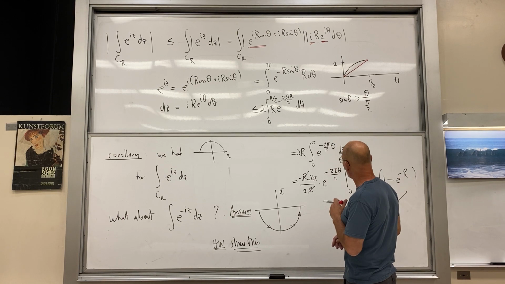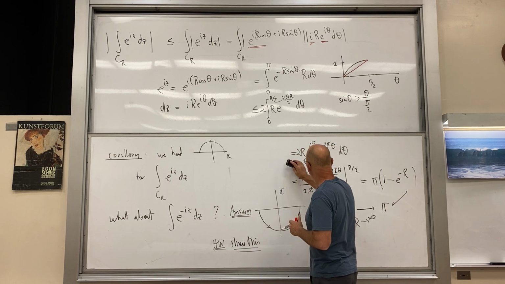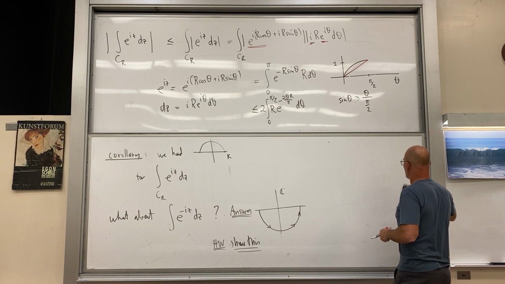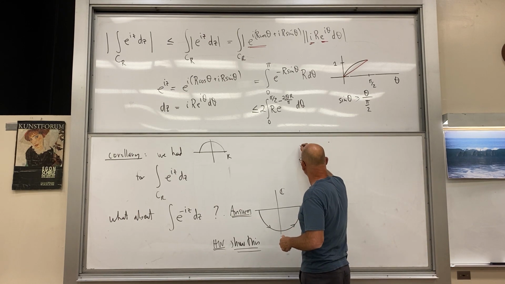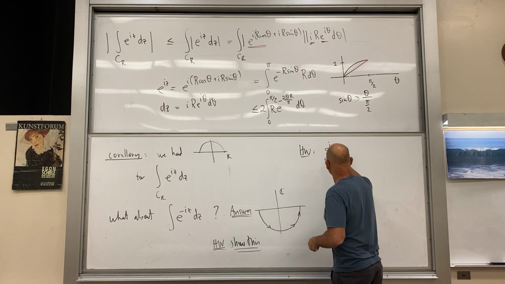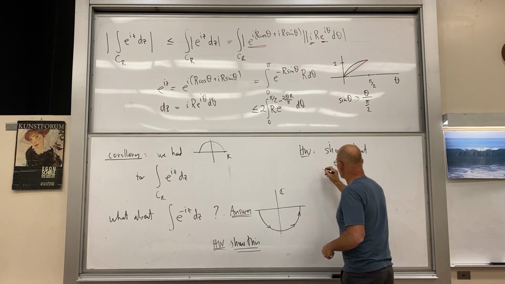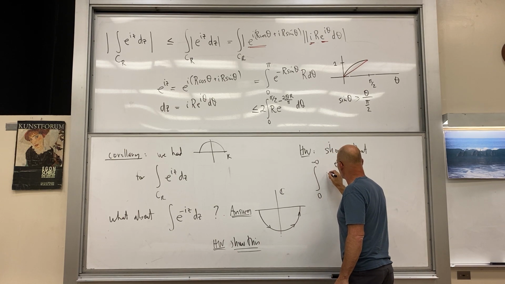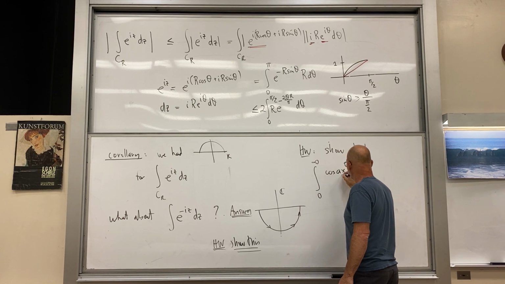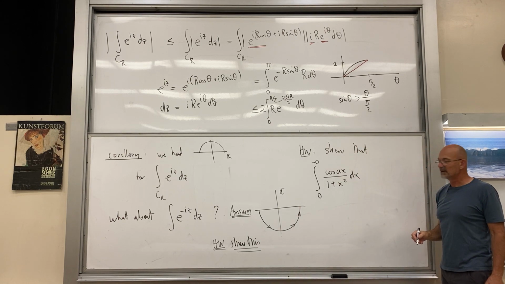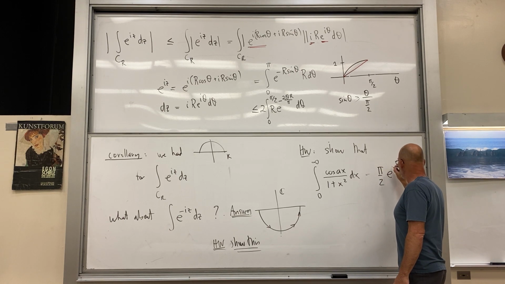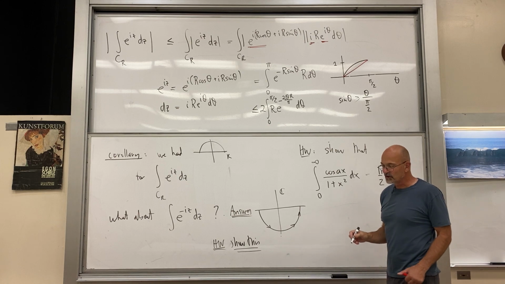And the homework problem I want to assign now, I'll even formulate it as a show that. So homework: show that the integral from 0 to infinity of cosine ax over 1 plus x squared dx, that's a worthy integral, is equal to pi over 2 e to the minus absolute value of a.